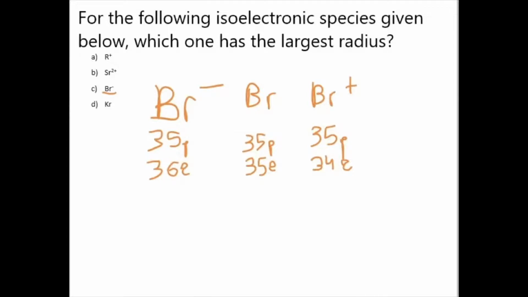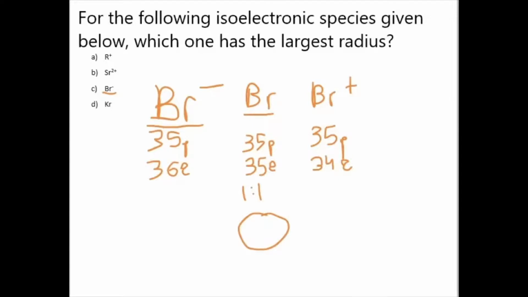But now let's understand how these affect the atomic size. So let's start with the neutral one. So we see that the neutral one has a 1-to-1 ratio, which means that there's an equal pool of protons pulling electrons, which makes it just this relatively standard size. But this changes when we see this 35 to 36, the proton to electron ratio on this bromine minus.